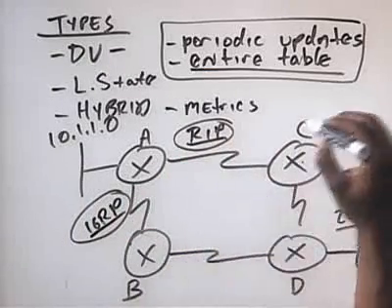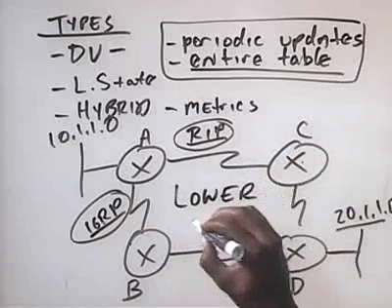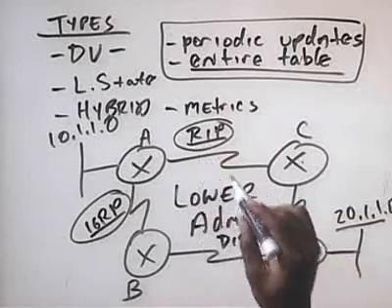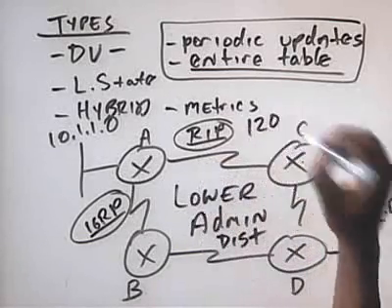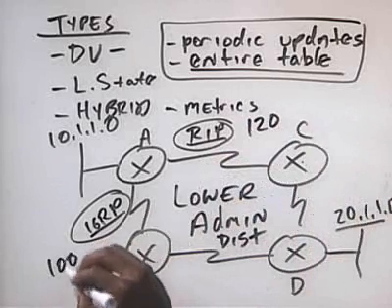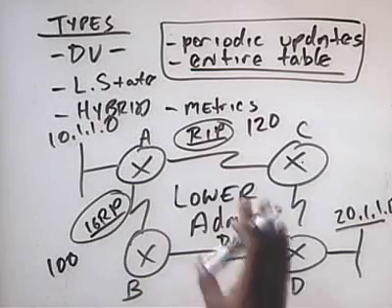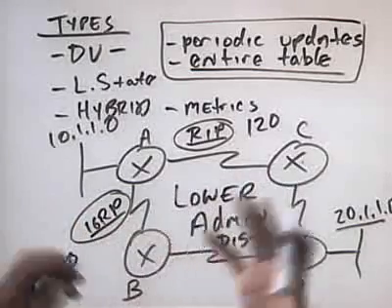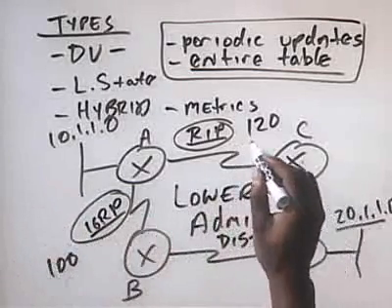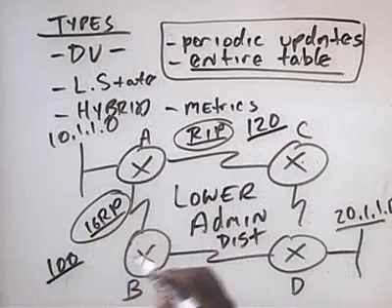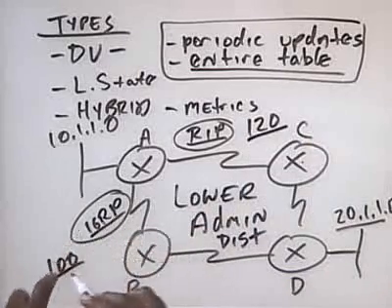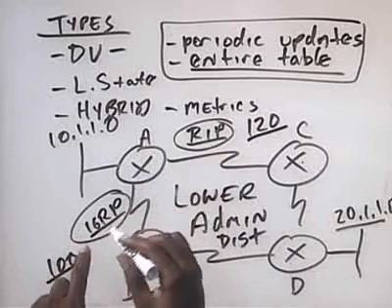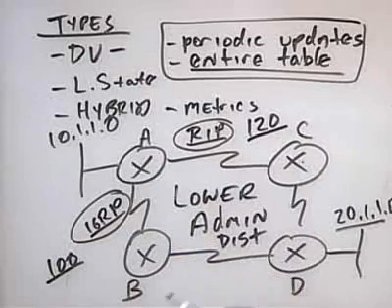The lower the administrative distance will be chosen. RIP has an administrative distance of 120. IGRP has an administrative distance of 100. These administrative distances are pre-configured defaults inside the IOS software, so you and I don't have to set these. RIP has a higher administrative distance than IGRP, so therefore, since IGRP reports that this path should be taken, router A will choose the IGRP path since the administrative distance is lower.